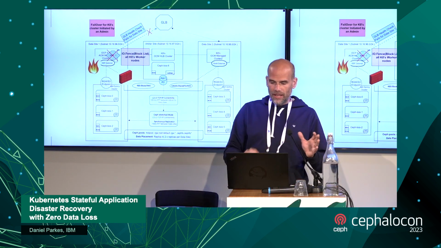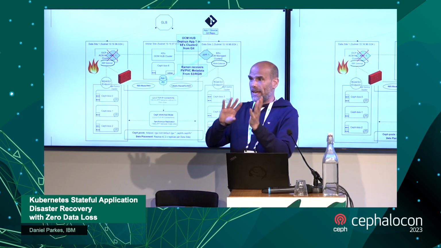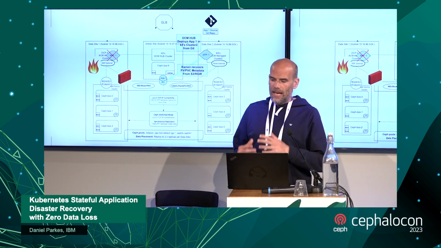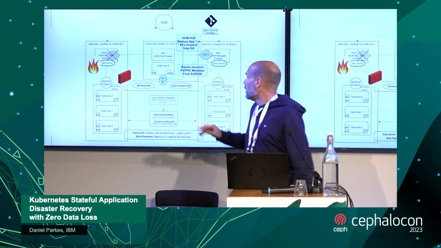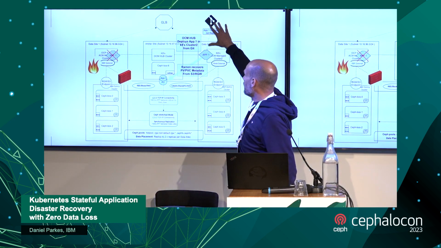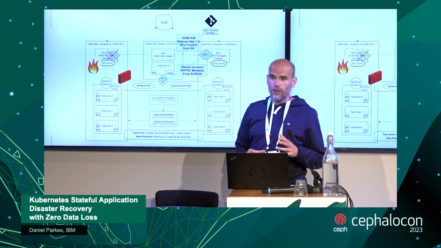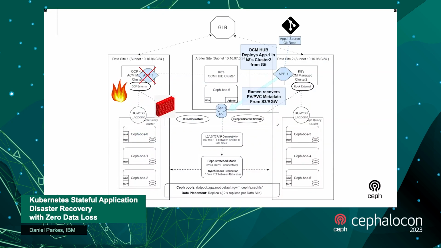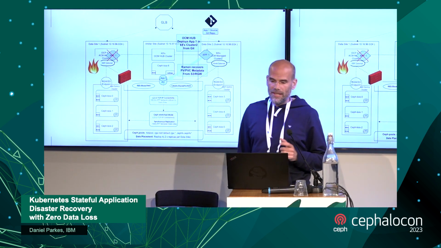Once we have done the fencing, we can start failing over the application to the other site. That failover is going to be taken care of, as we said before, by RamenDR and also the OCM hub. So the OCM hub is going to take care, using again the GitHub repo, to start the application on site 2. And RamenDR is going to take care of recreating or redeploying the PV and PVC definition, no?